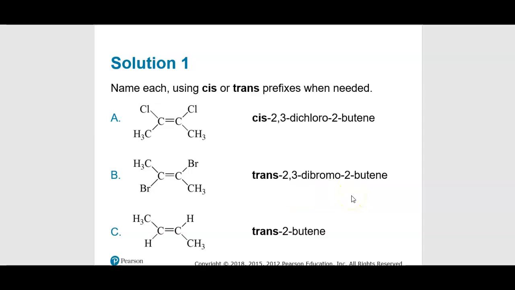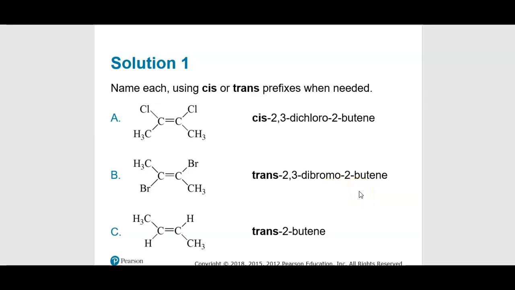The fact that it's cis or trans makes it somewhat redundant. There's only one butene that is going to have cis and trans isomerism, but it's typical to give the numbering in there.